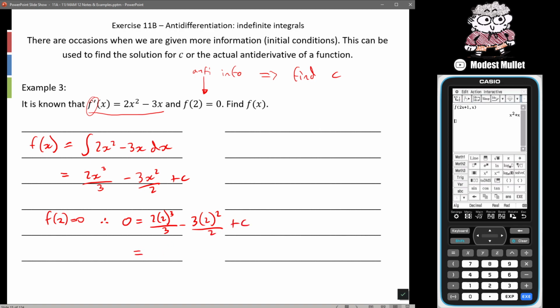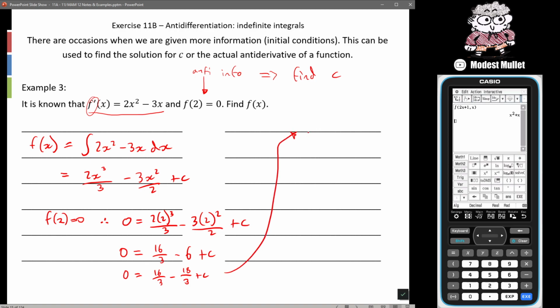So we're going to get 2 cubed is 8 times by 2 is 16 on 3 minus 2 squared is 4 times by 3 is 12 on 2 is 6 plus c. So we get 0 is equal to 16 on 3 minus 6. So we can change that to 6 as a fraction on 3, 6 3s are 18 plus c.